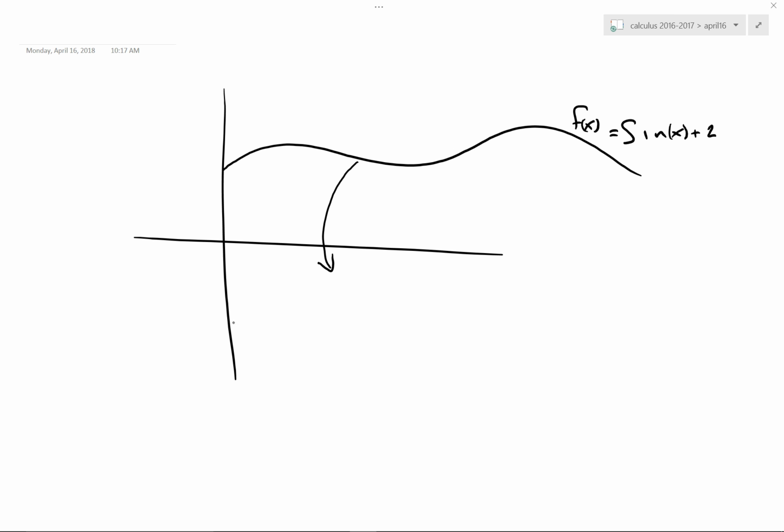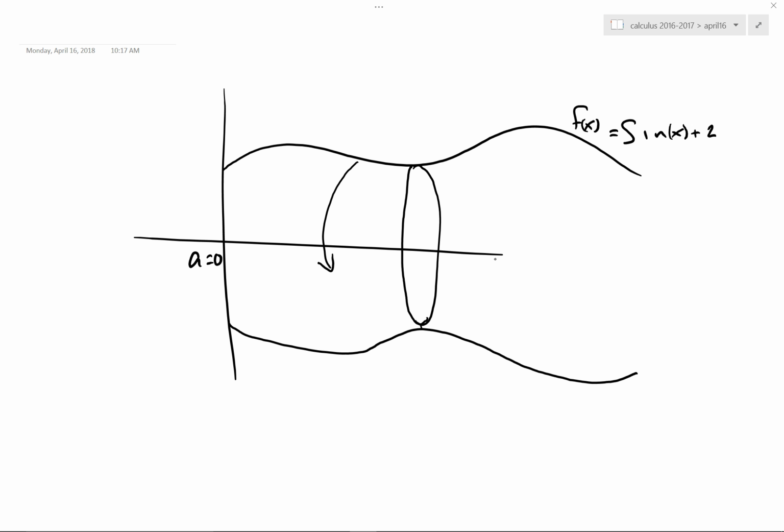That is, let's make it symmetric to the x-axis, like so, yes? And so I would have a bunch of little discs that look kind of like that in the middle, give or take. And I'm interested in going from a equals 0 to, I don't know, b equals 2 pi or some such, yes?